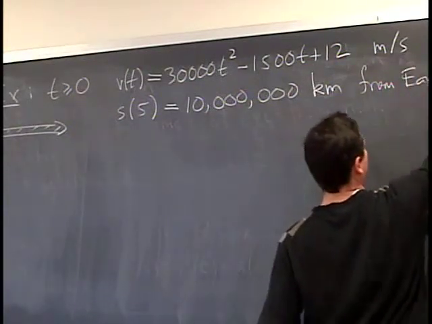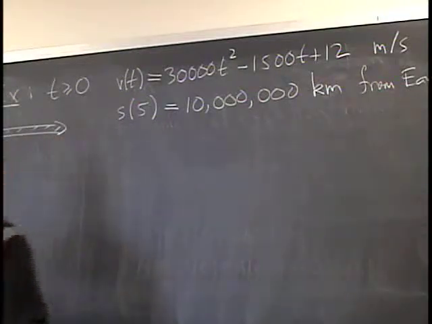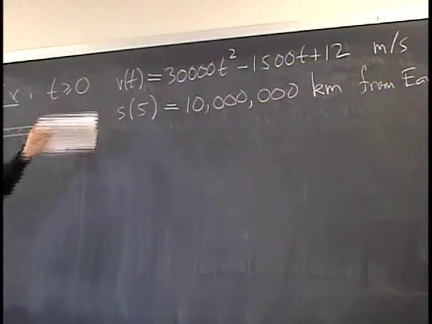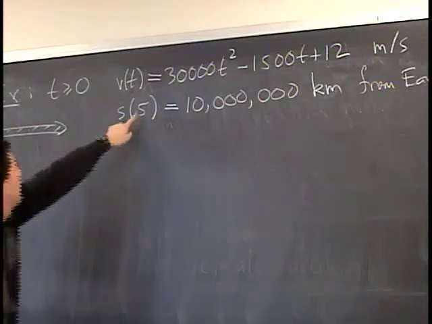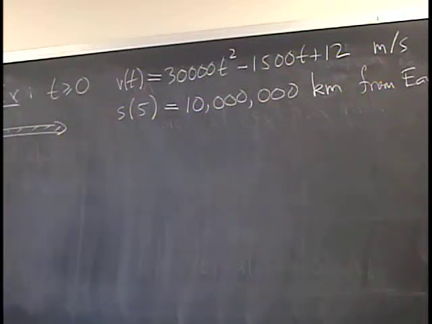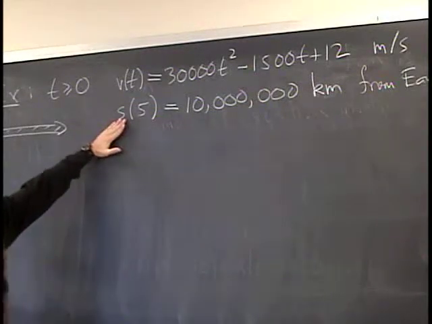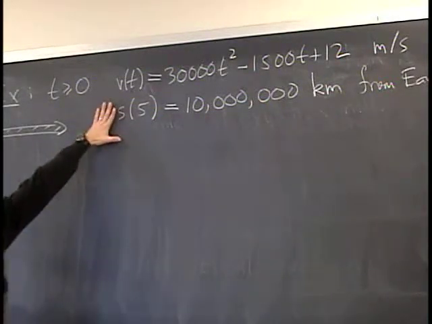When I say the position, I'm saying the distance between where it is and Earth. So five seconds into it, it's 10 million kilometers from Earth. I would like to figure out the position function. I'd like to know at any given time how far away it is from Earth.